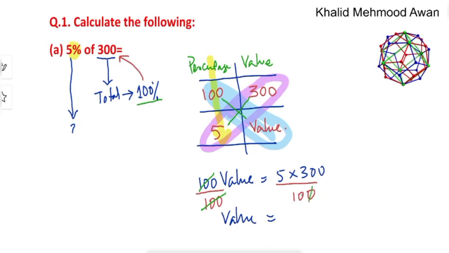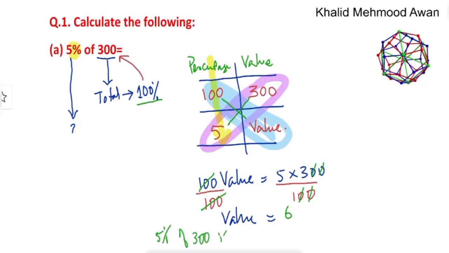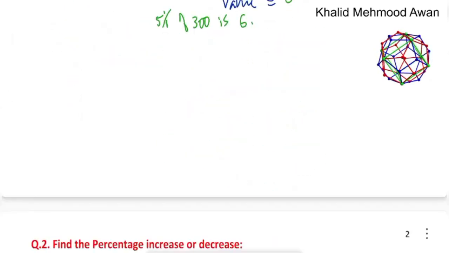So zeros cancel each other, so we get 5 times 3, which is equal to 15. So the 5% of 300 is 15. That is the answer.